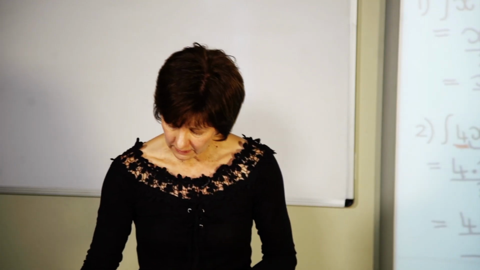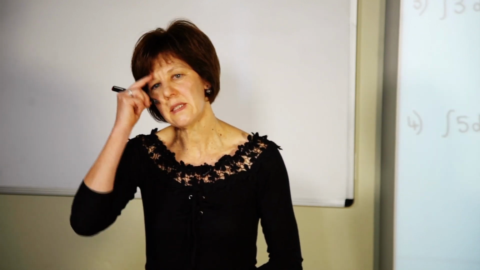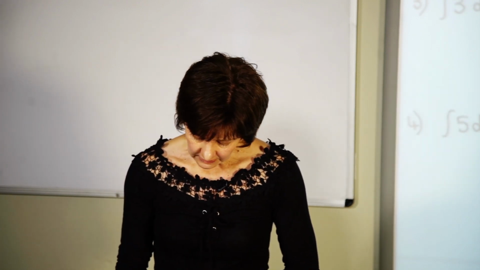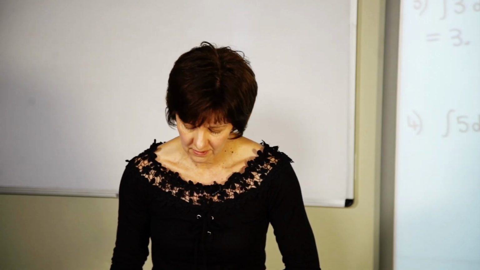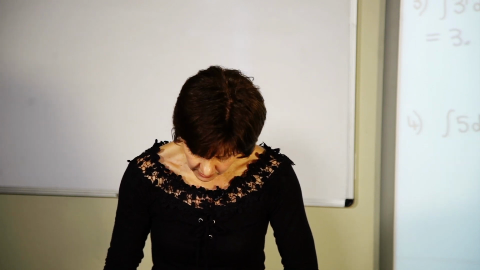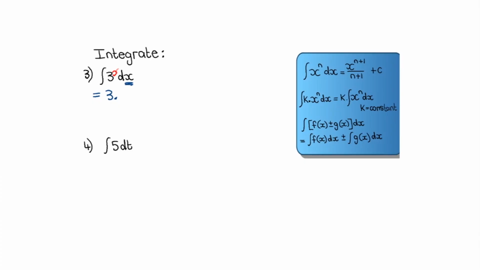Okay, let's use these rules to integrate some more. The next question is I have to integrate 3 with respect to x, dx. So the constant 3 I'll just write down. But do I have any x's? Yes, you actually have there an x to the power 0, which is 1.